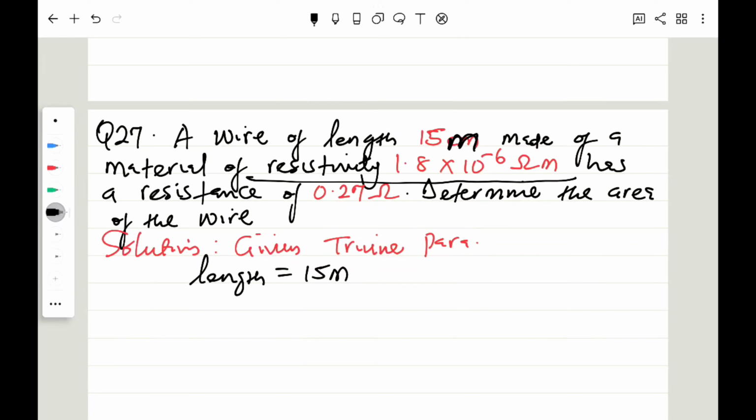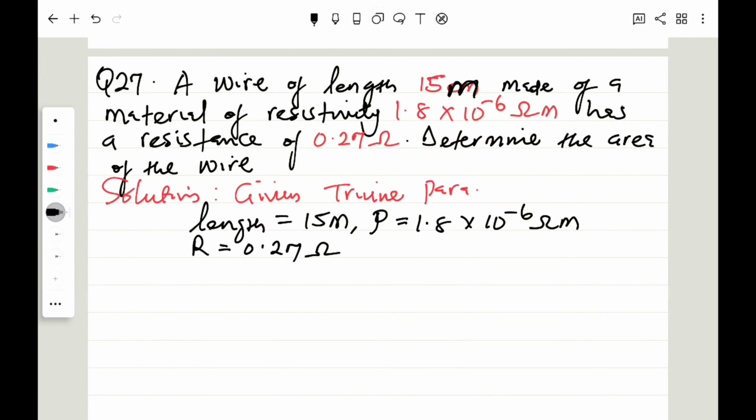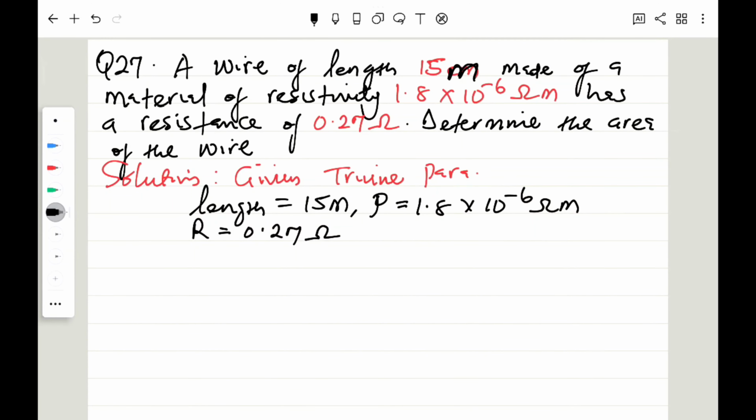So we have our resistivity, which is equal to 1.8 times 10 raised to minus 6 ohm meters. Then the resistance is equal to 0.27 ohms. So our area A is unknown, exactly.